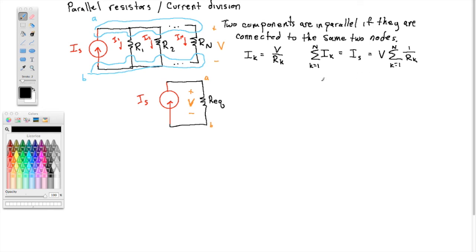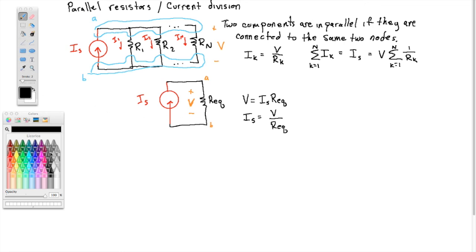Now in this picture down here, I can directly apply Ohm's law because I have the current through this single resistor. And so the voltage V must be IS times R equivalent.